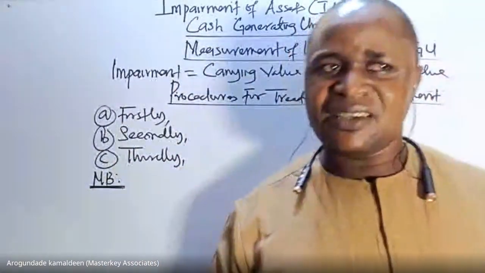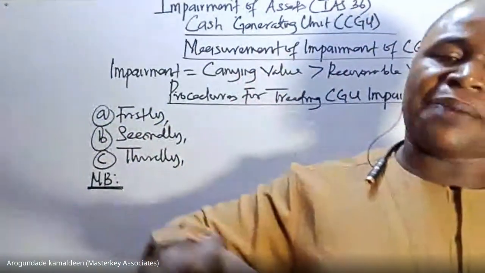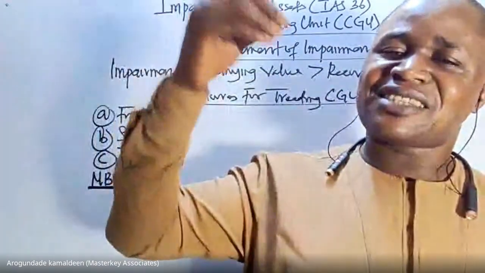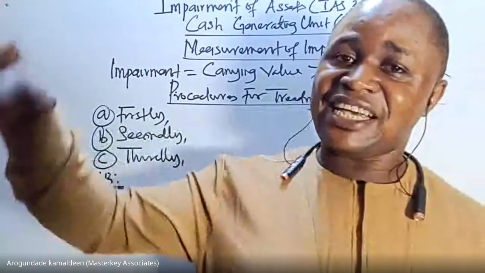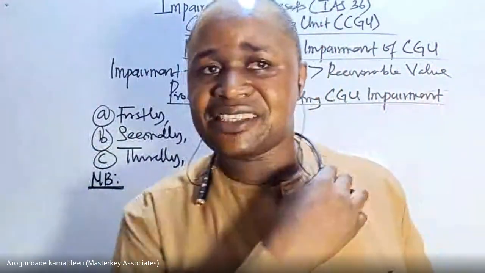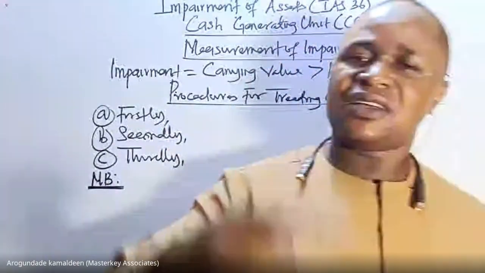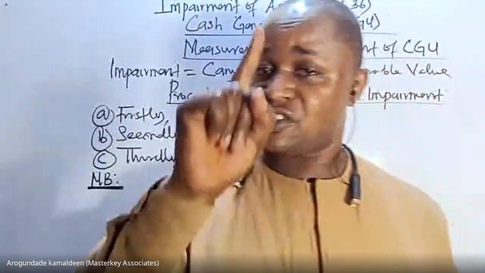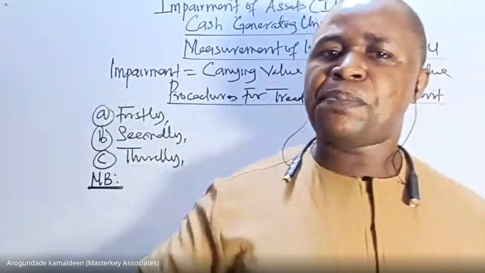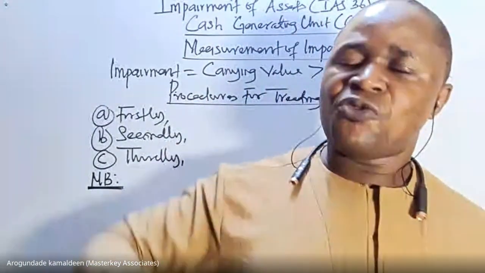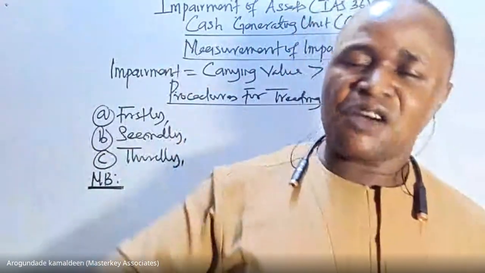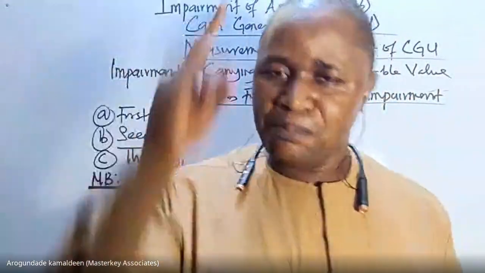Remember, their impairment is captured and treated in line with the standard that governs each of them. For instance, impairment of inventory is in line with IAS 2. Also, impairment of trade receivables is in line with IFRS 9 Financial Instruments.